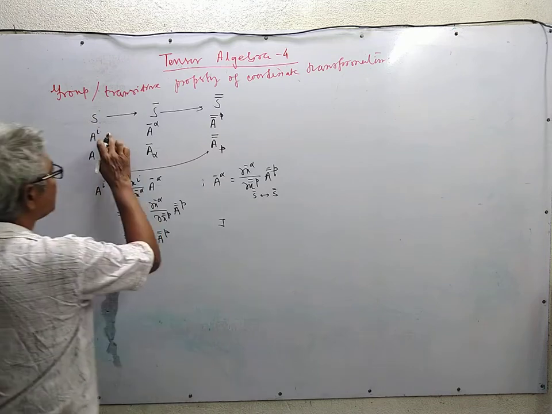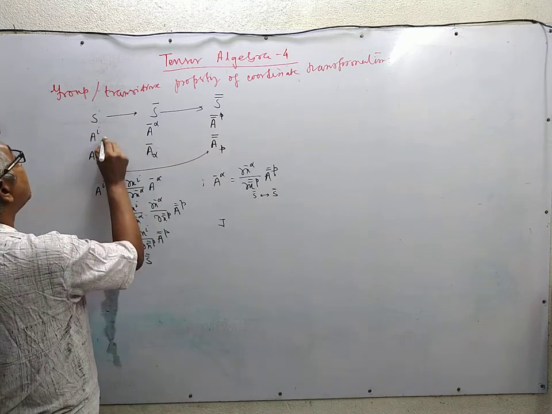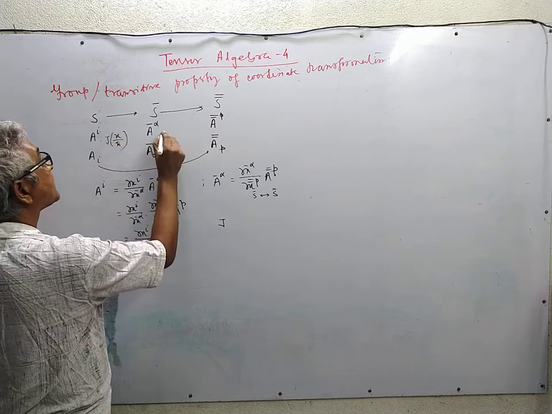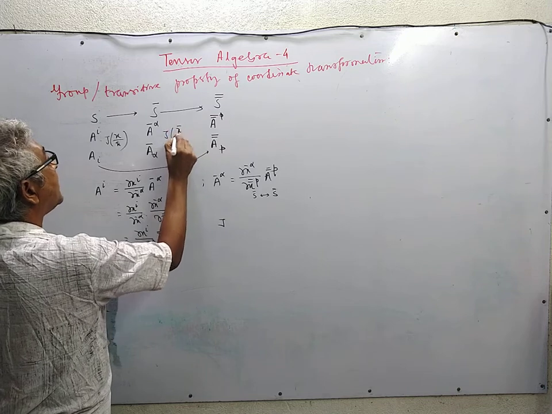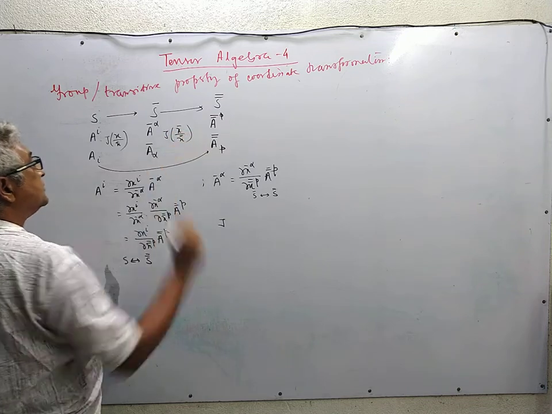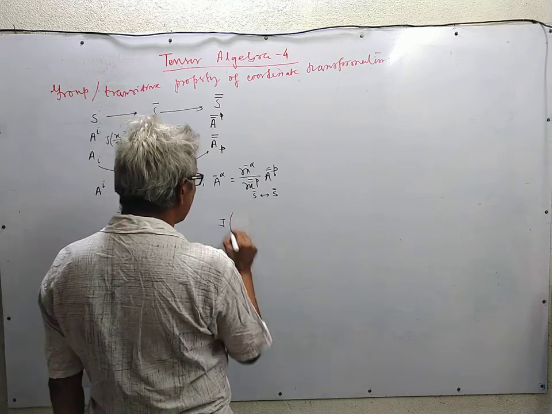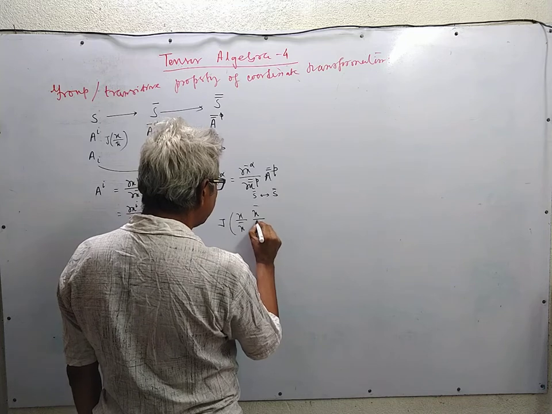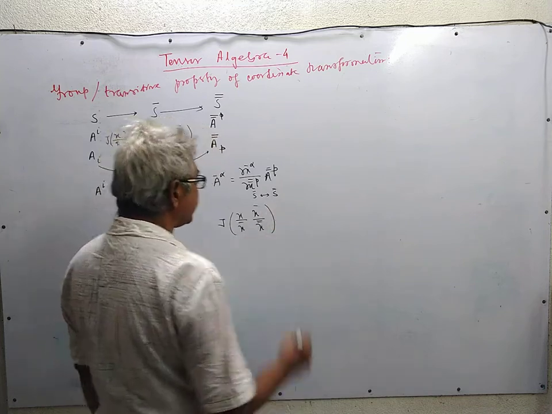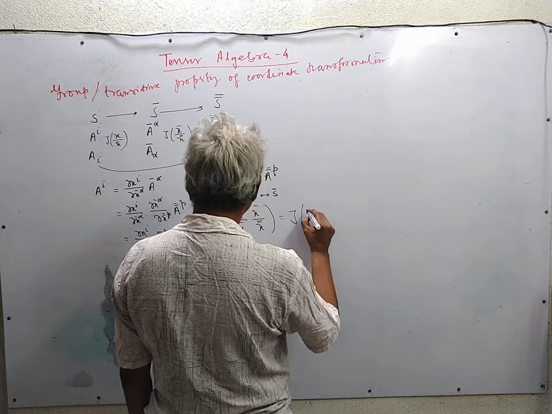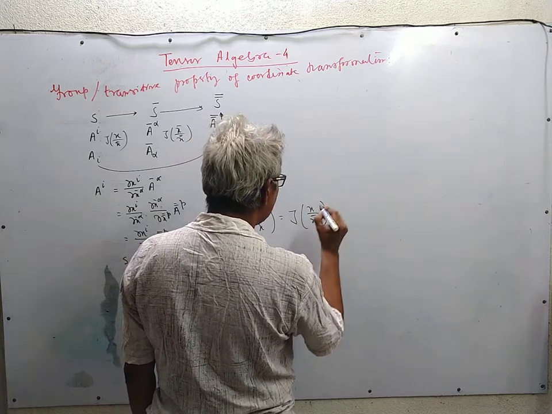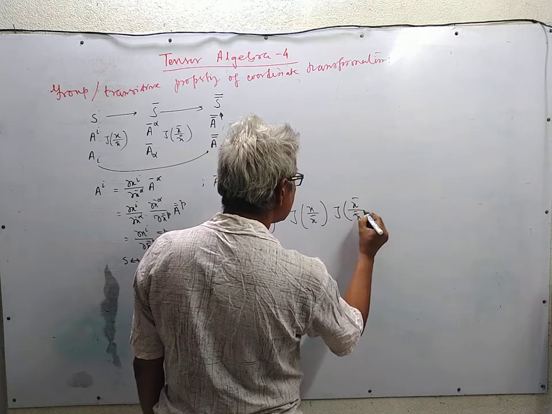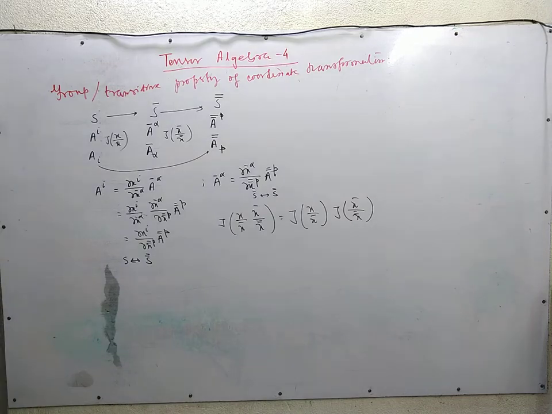The Jacobian which connects S and S prime is del x bar del x, and the one that connects S bar and S double bar is del x bar del x double bar. So if we write this Jacobian del x del x double bar, then this can be written as the product of Jacobians. This is the property of the Jacobian.